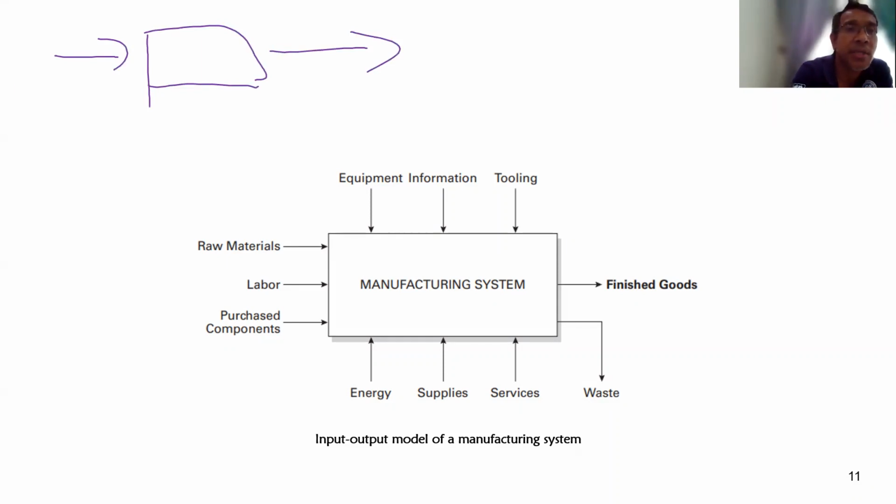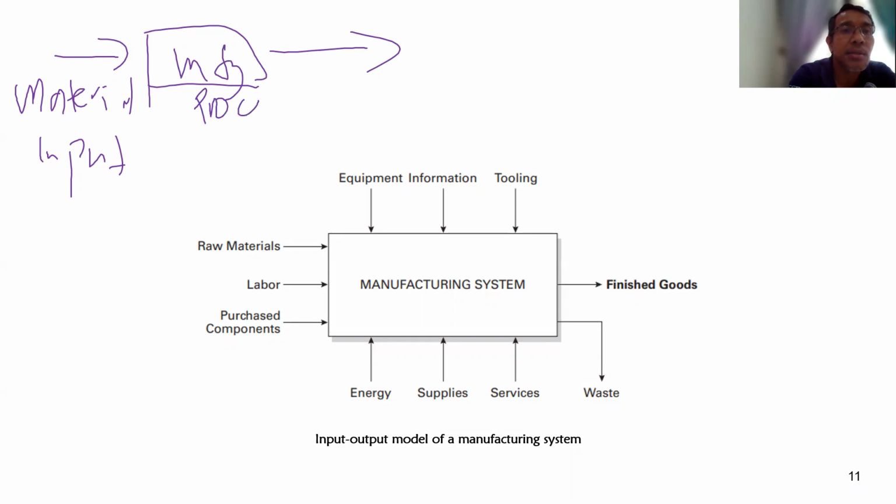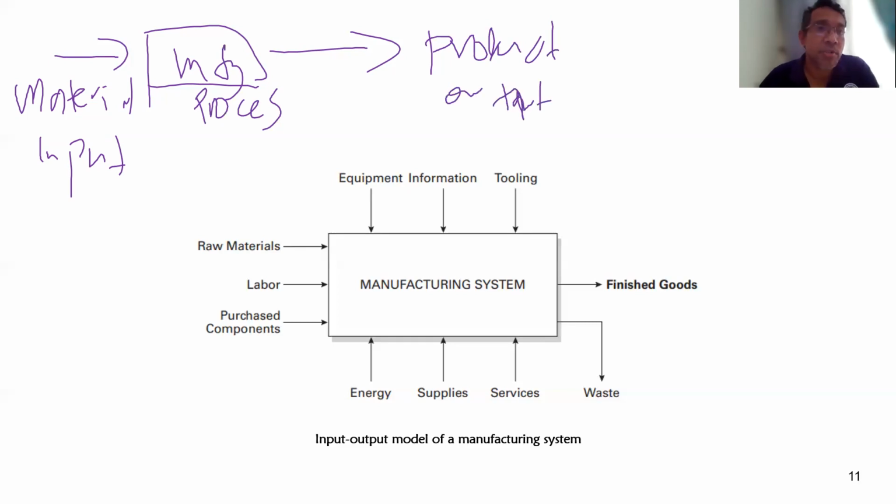You have a material input, and you have a manufacturing process, and then you have a product as output. You learned this in the introduction to manufacturing engineering. So you have a material input, go through the manufacturing process, you do some process, and then you get a new product.